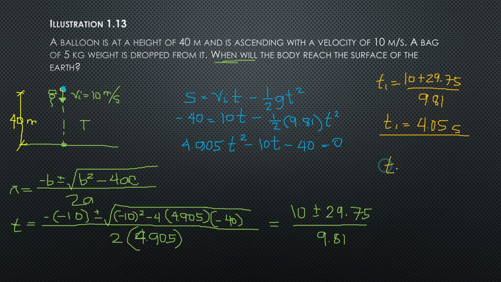Now for time 2, take the negative sign here, so that is 10 minus 29.75 over 9.81. So t2 will be equal to 10 minus 19, so this is negative 2.01 seconds.